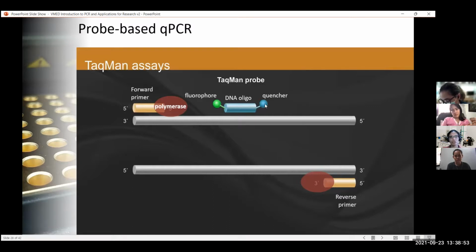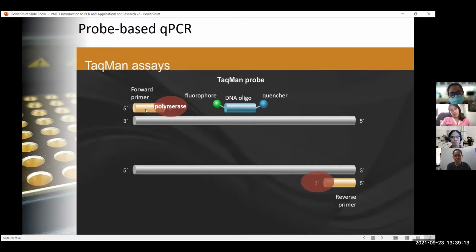The job of the quencher is to absorb the light coming from the fluorophore. So if you look at this probe from afar, you cannot see any light, because this is emitting light and this is absorbing light, and this one is close to this one. So it will not emit any net signal.